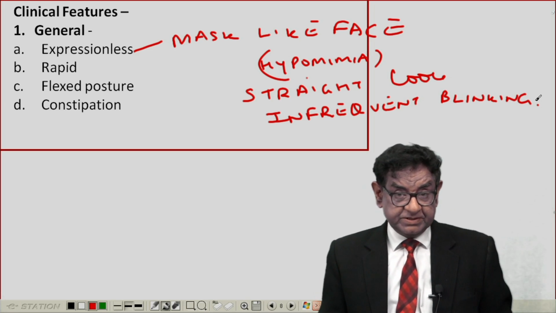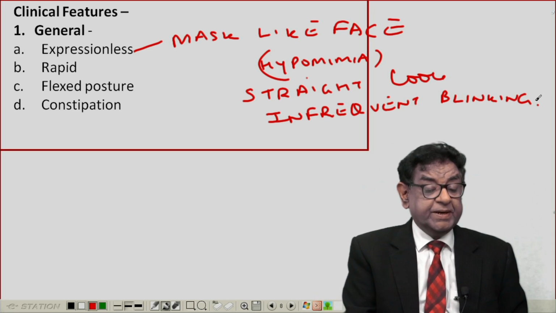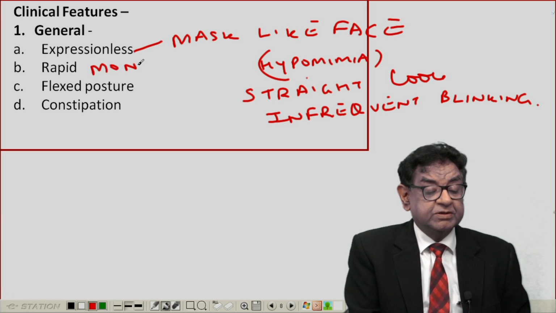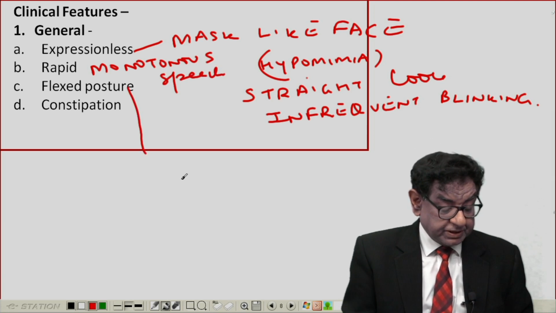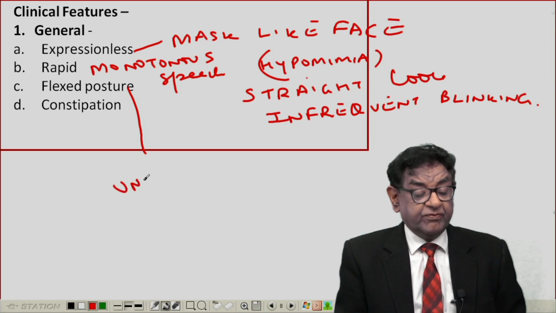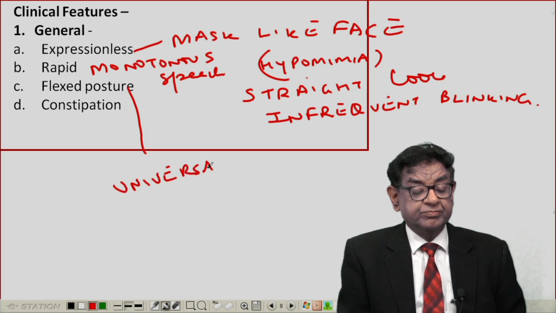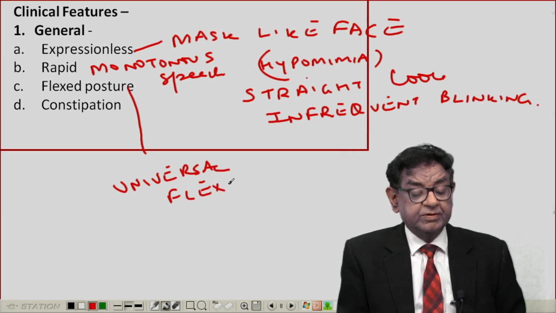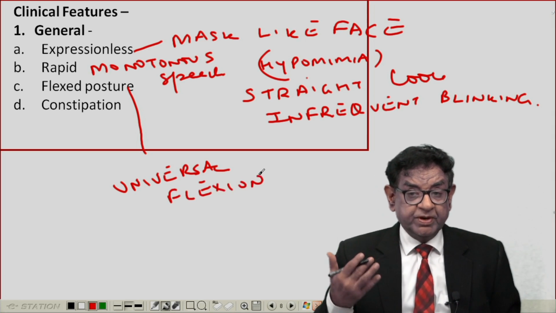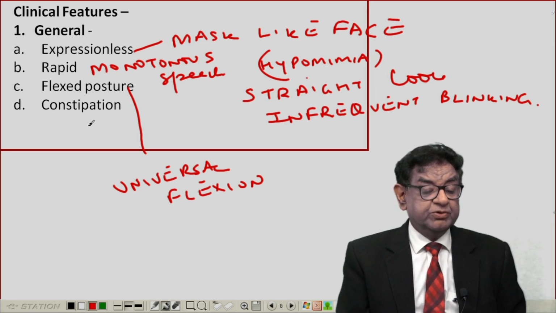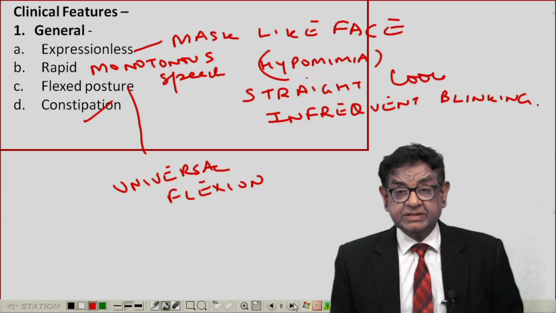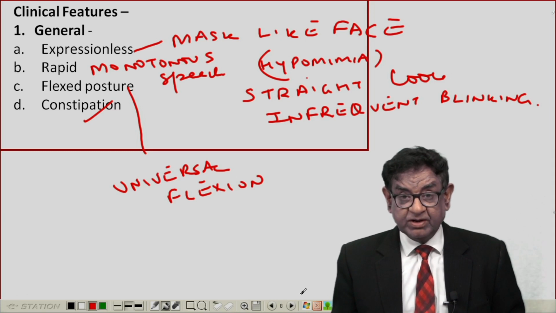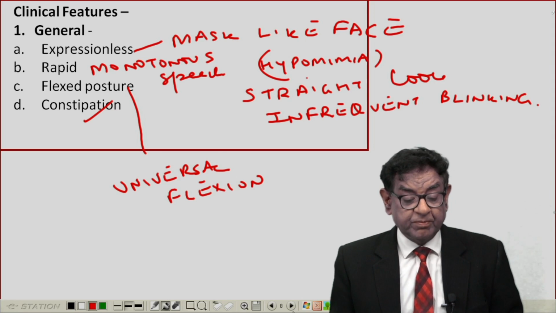This is the facial appearance. There is rapid monotonous speech. Flexed posture, that is, there is universal flexion; the patient is stooping forward, to be more precise. The patient usually has constipation. Of course, this can be aggravated if you are giving the patient an anticholinergic drug.